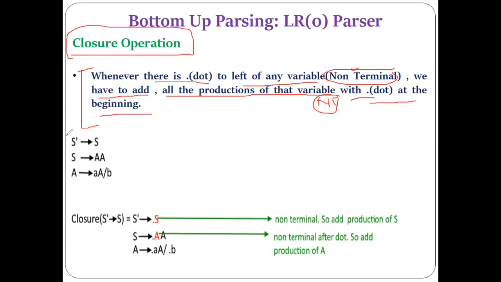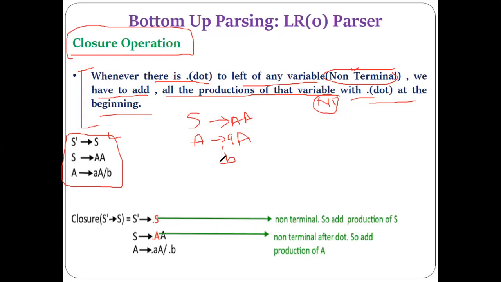Okay, let's see it in the example. Now here this is our augmented grammar. Our original grammar was like this: S derives AA, and then A derives A or B. This was our original grammar.